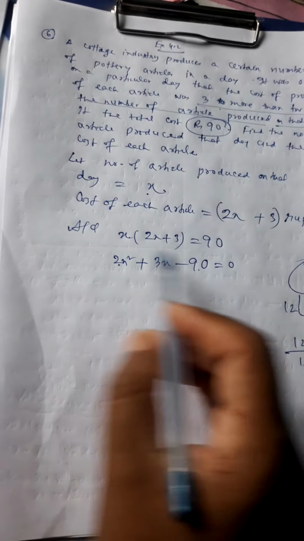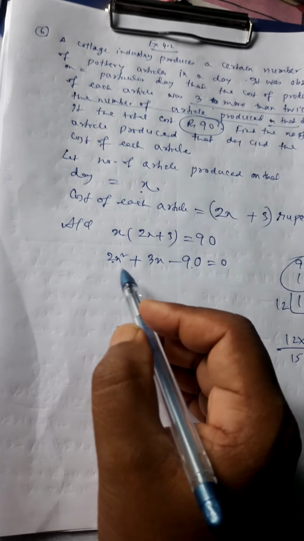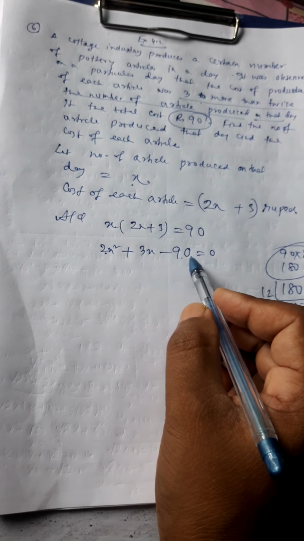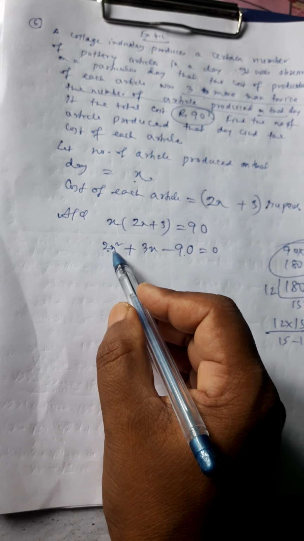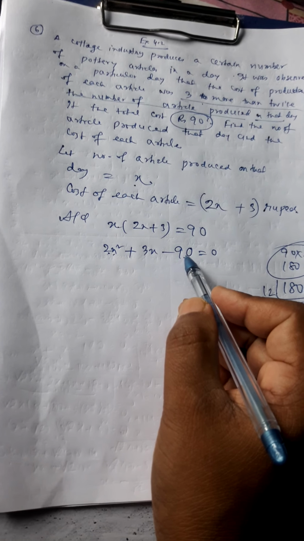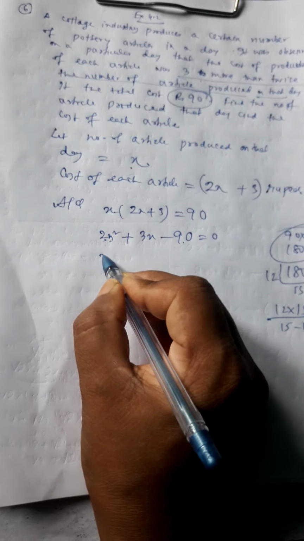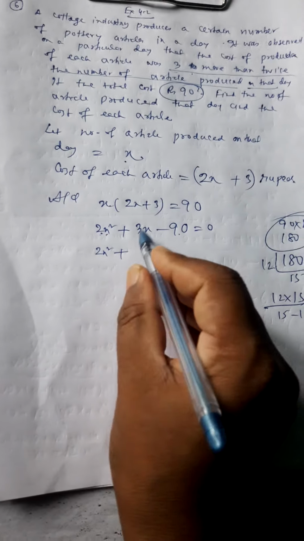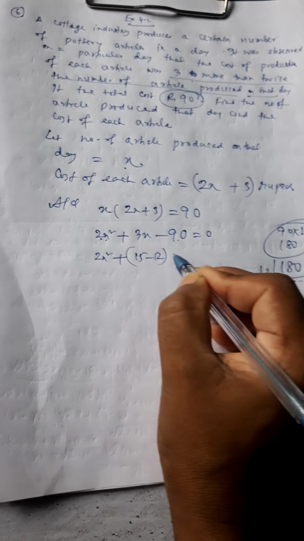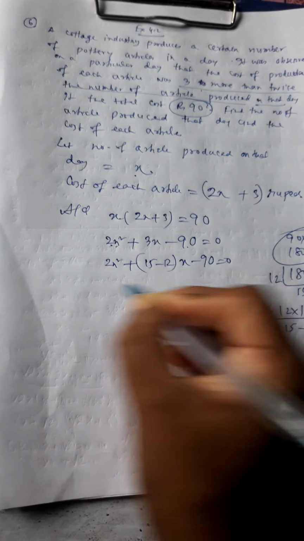So this is something we have to remember. Whenever we get an equation of this type, 2x square plus 3x minus 90, then the coefficient of x square we have to multiply with the constant term. Clear? So now we will write here 2x square plus, in place of 3x we will write 15 minus 12, x minus 90 equal to 0.